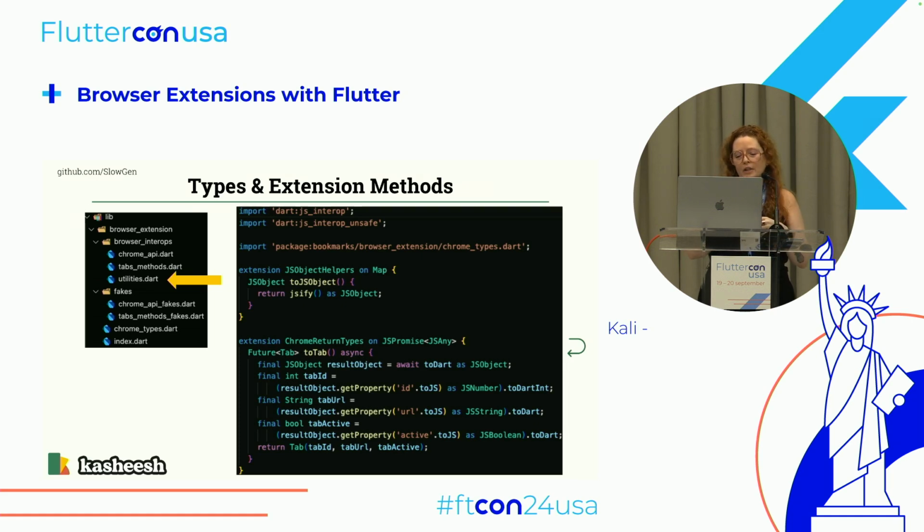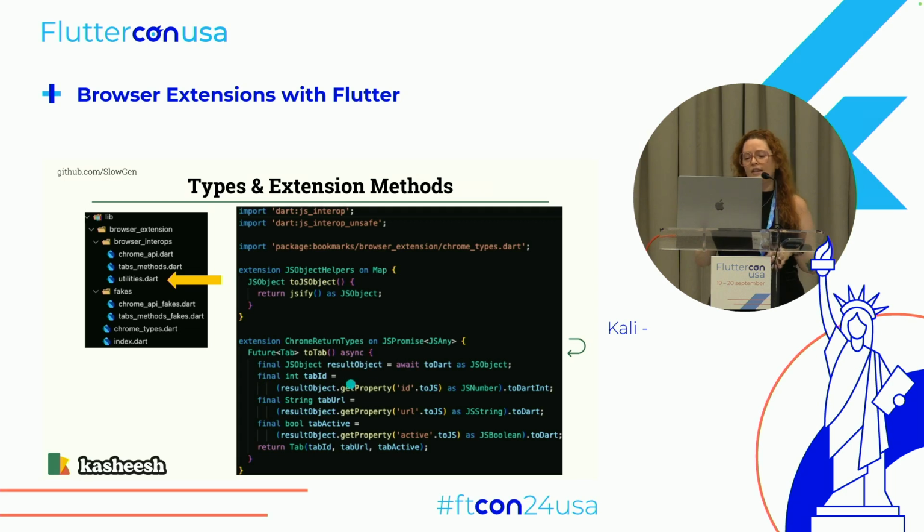So we're only going to build out what we're using and what we need. And so we're creating our own type that sits alongside the JavaScript type. The type that we're creating is the tab type. If you want to create a tab, it's going to return to you the details of the tab that you just created. So we want to know the ID of the tab, the URL, and whether it's active or not. And you could build in whatever's useful to you here.